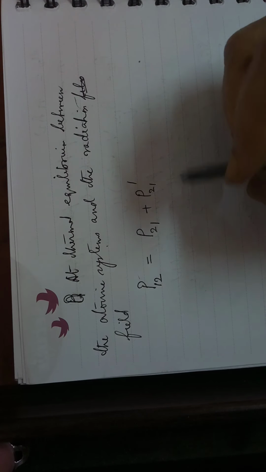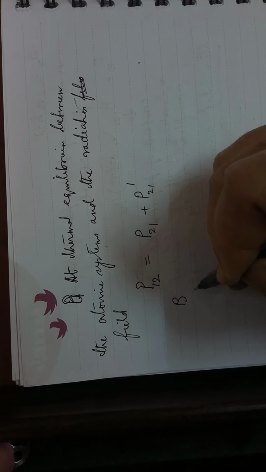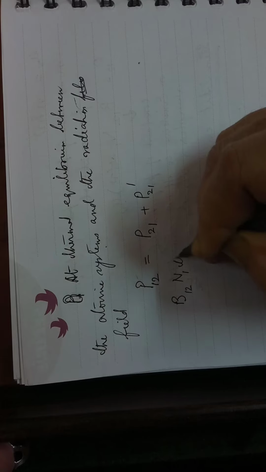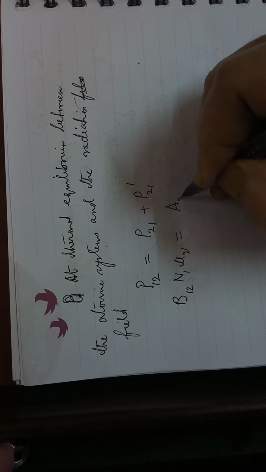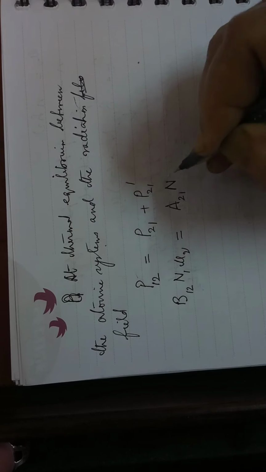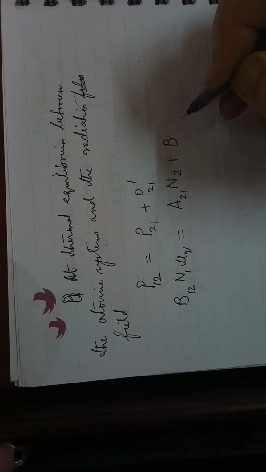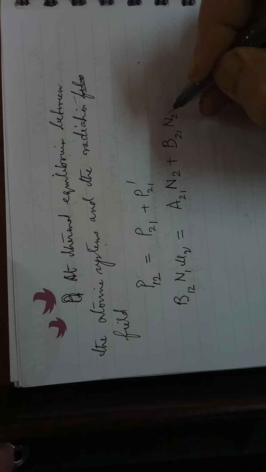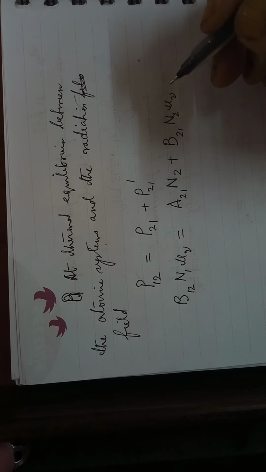Now if we put down the Einstein's A and B coefficients, what we have is B12 N1 U nu is equal to A21 N2 plus B21 N2 U nu.